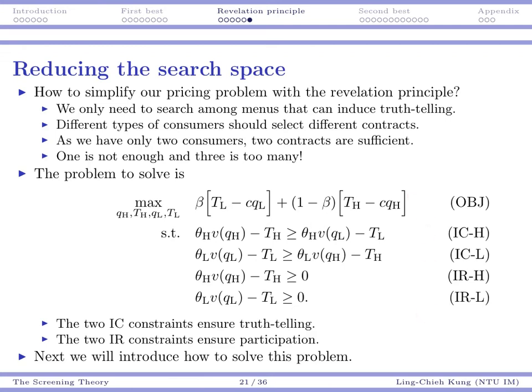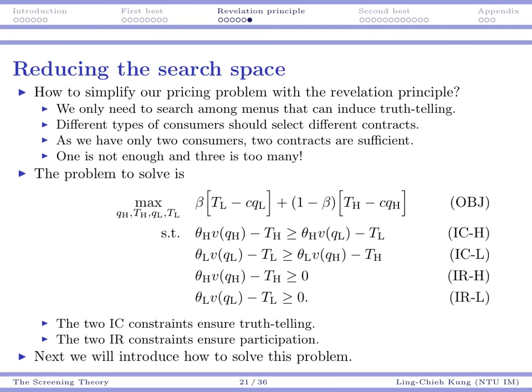I should design 4 numbers or 2 contracts so that they are incentive compatible and individually rational. Okay, if I have IC and IR constraints, then in equilibrium, high type consumers will choose QHTH, and the low type consumers will choose QLTL.